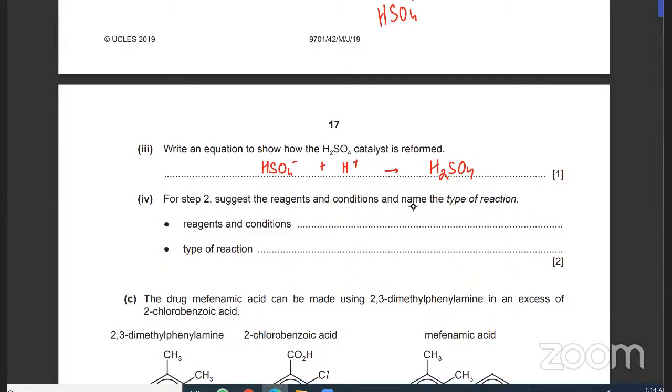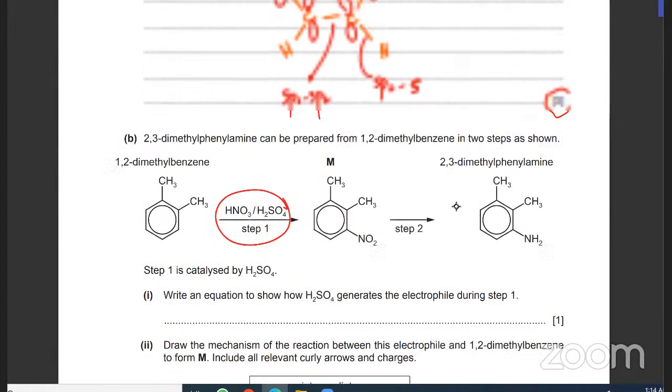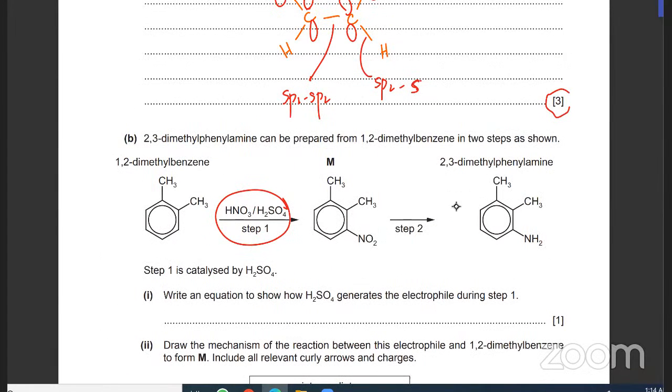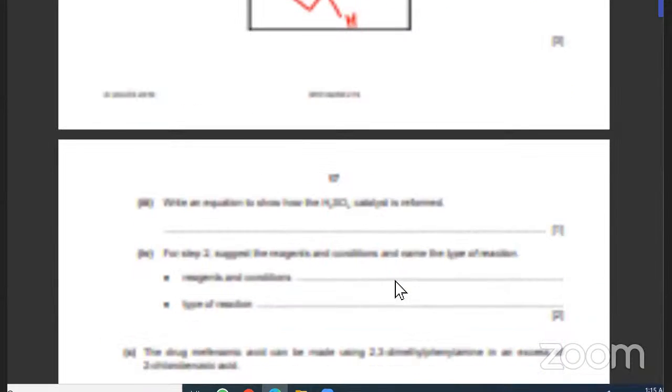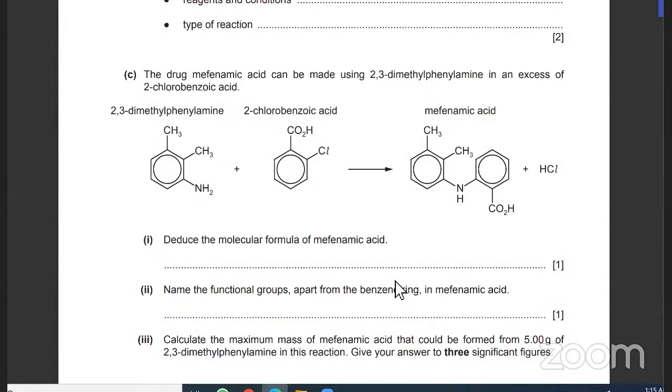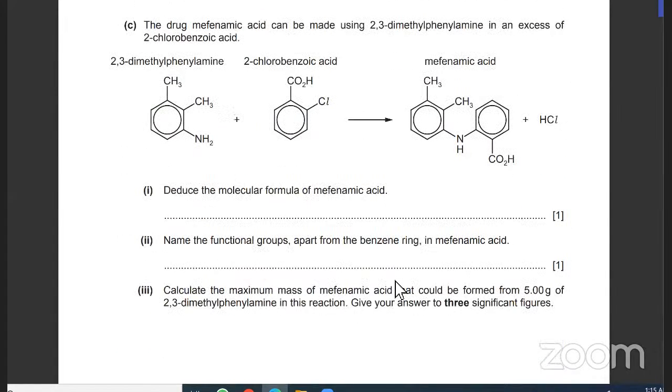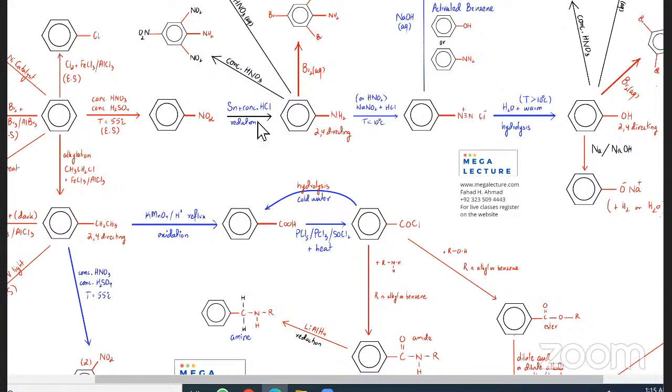Step 2: suggest the reagents and conditions and name the type of reaction. What is step 2? Again, it's NO2 turning into NH2, using tin plus concentrated HCl. That's reduction. Can we add LiAlH4 as well? This is specifically tin plus concentrated HCl.